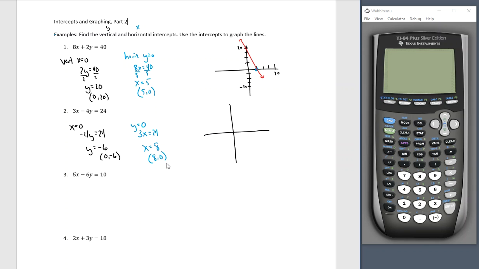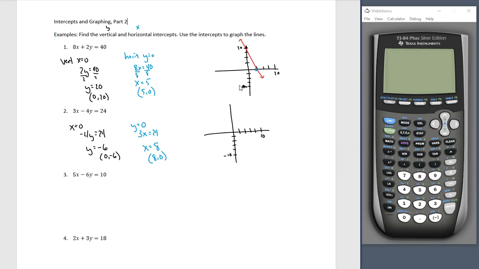Looking at my values, I have negative 6 and 8. 8 kind of gets big, so 2, 4, 6, 8, 10. Let's go in the negative direction, 2, 4, 6, 8, and negative 10. All right, so here I've gone by 5s. Of course, you can't read that as a 20.